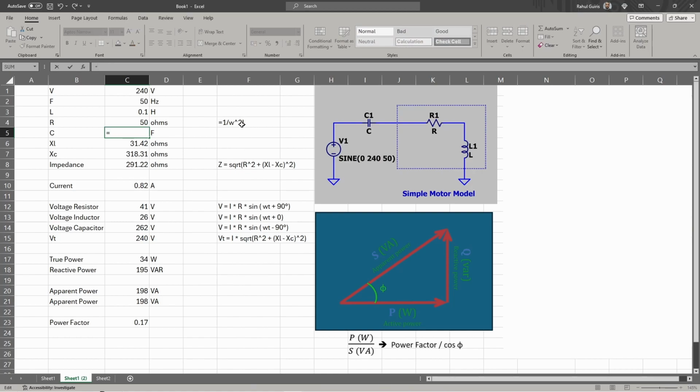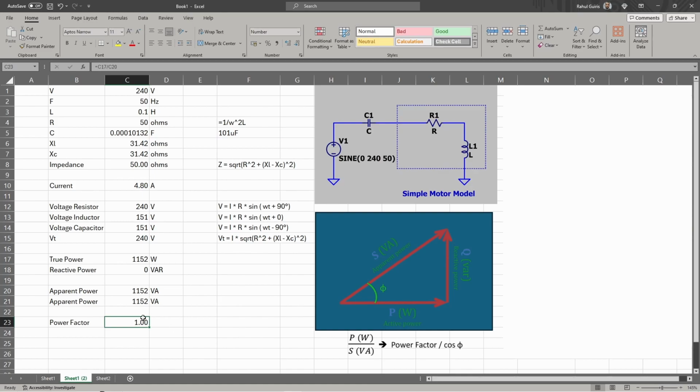So that's equal to 1 over (2 times pi times f) all squared, and then we need to multiply that by the inductance. That gives us a capacitance value of 101 microfarads. And you can see the power factor is now equal to 1.